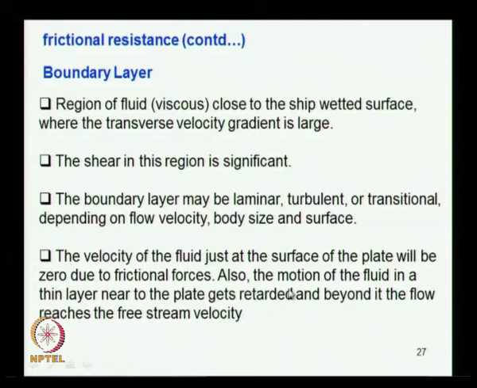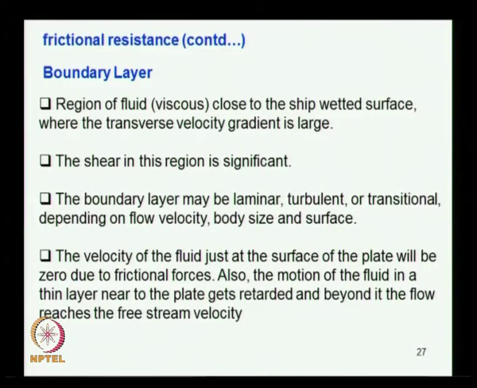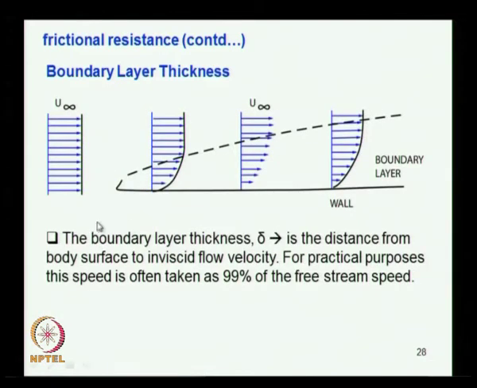So you have already seen that the fluid velocity distribution is 0 at the body, then it increases, and then finally it reaches the free stream condition. So that is how the flow inside the boundary layer varies. This is a picture for that.